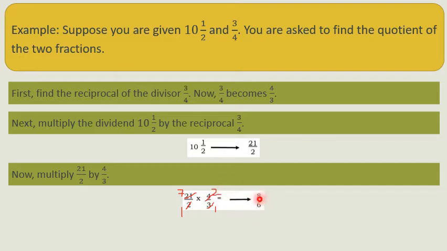Nagkamali dito ng solve. Ito po dapat ay 14. So, 7 times 2 is 14. 1 times 1 is 1. Nakikita nyo dito, ang denominator ng 14 over 1 is 1. So, ito po ay magiging whole number, which is, ang answer po ay 14.